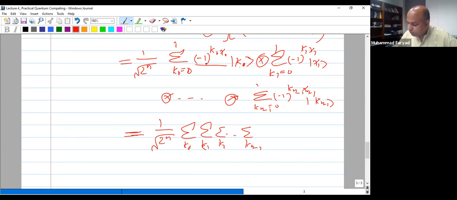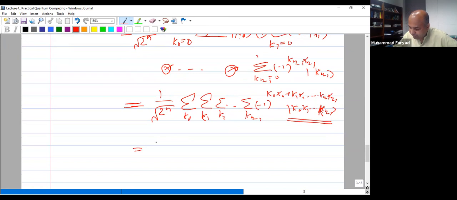And these coefficients, I can combine them all, minus 1 power k naught x naught, k1 x1, all the way to k n minus 1 x n minus 1. And the states I can also combine, k naught, k1, all the way to k n minus 1. Remember, this is a complex notation that we have introduced for tensor product, that k naught, k1, etc. actually means k naught tensor k1, tensor k2, etc.